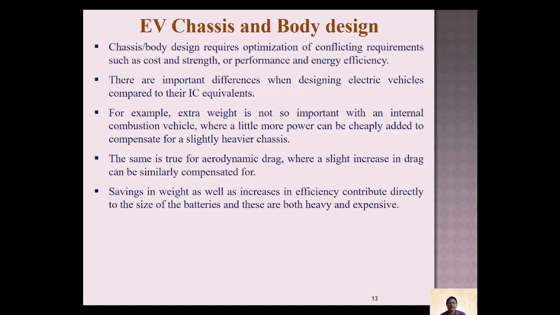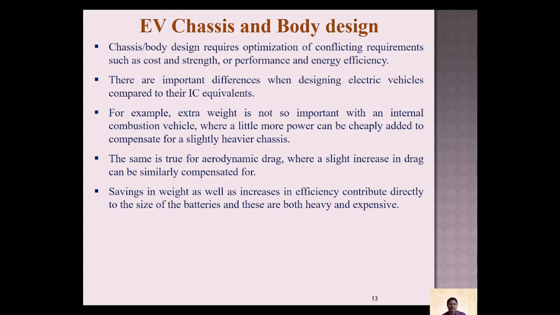Body design requires optimization of conflicting requirements such as cost and strength, or performance and energy efficiency. There are important differences when designing electric vehicles compared to their IC equivalents. For example, extra weight is not important with an internal combustion vehicle, where a little more power can be cheaply added to compensate for a slightly heavier chassis.